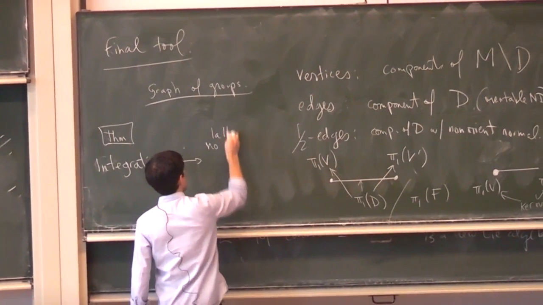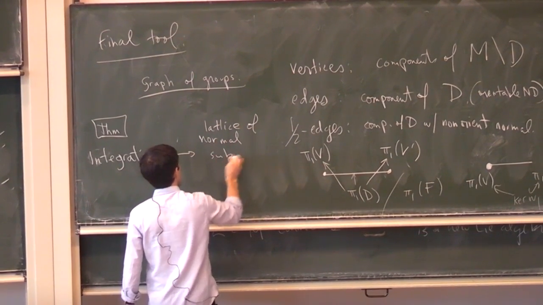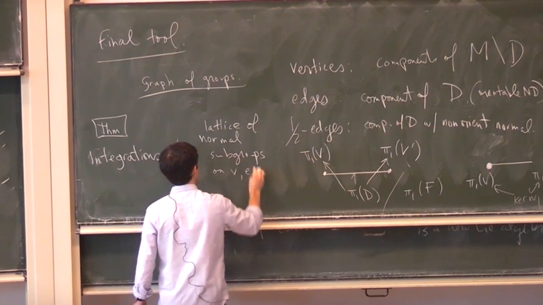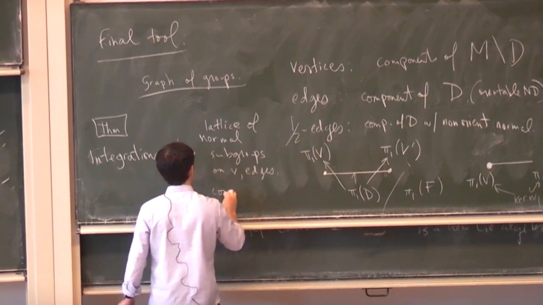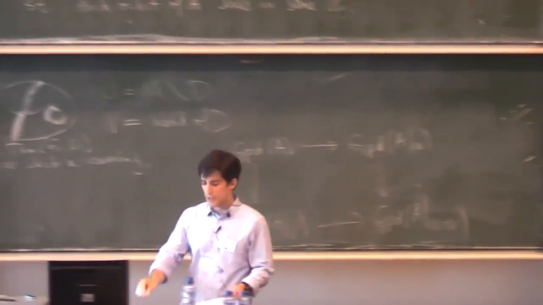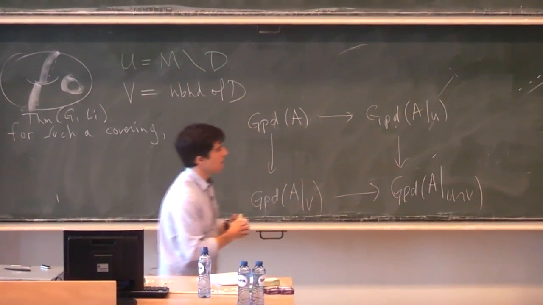So the lattice of normal subgroups on vertices and edges compatible with maps. Okay? And so this gives you a complete classification of the different integrations.